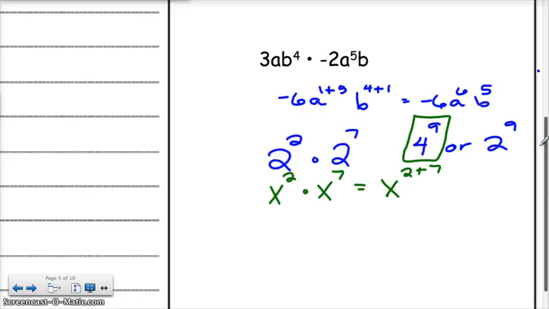Since I need to add these, I just keep the base. The base is 2. 2 to the 2 plus 7. So when in doubt, substitute a variable in there. It's funny because when I get the numbers in there, kids mess it up way more than a variable. So you don't multiply them.